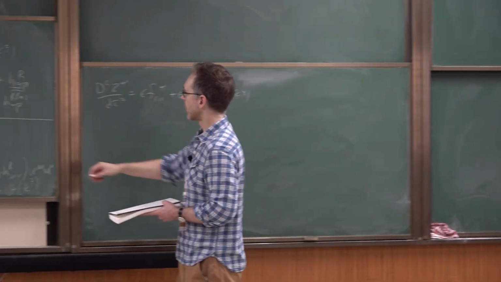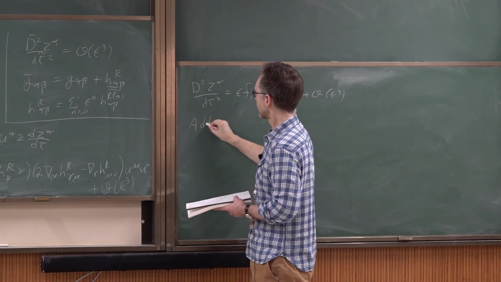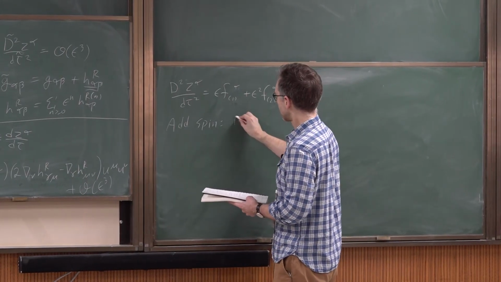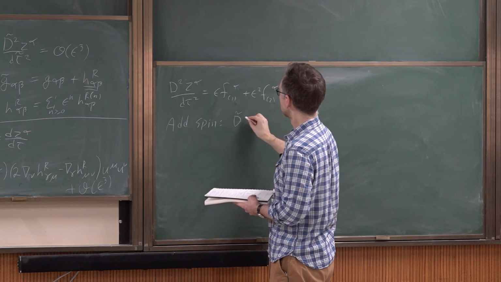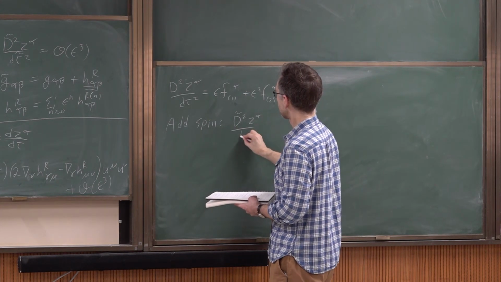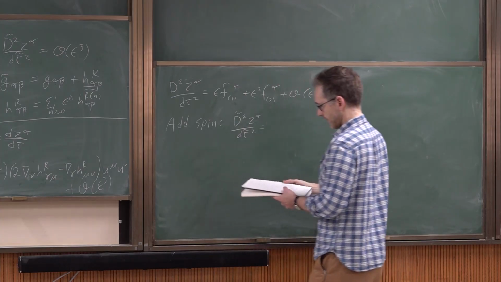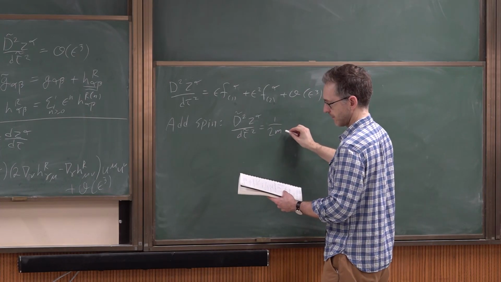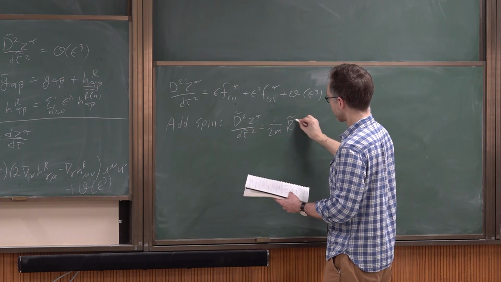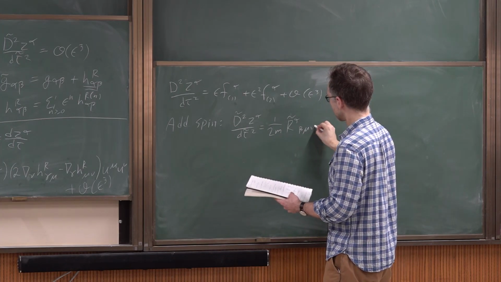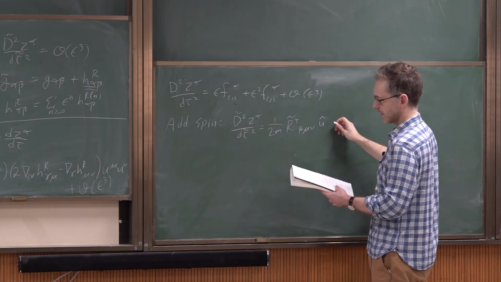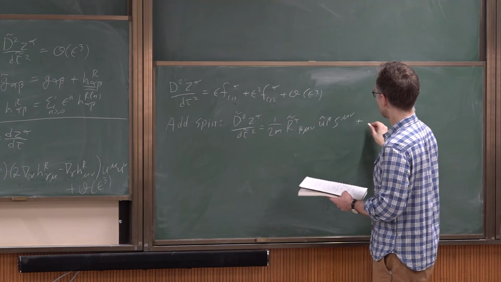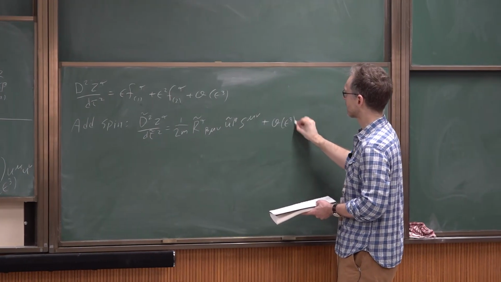Now, this was for a non-spinning body. If I add spin, then what we get, I'm going to write it in the more compact form, is D tilde squared z alpha d tau tilde squared equal to 1 over 2 m R tilde alpha beta mu nu u tilde beta S mu nu plus order epsilon cubed.